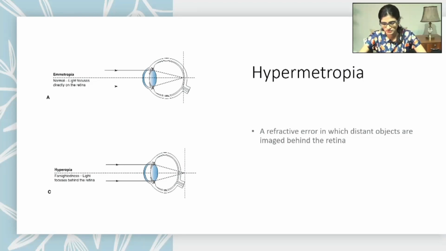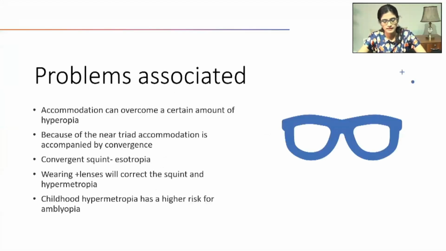Now there are certain conditions like nanophthalmia and microphthalmia which are extreme causes of hypermetropia, where the whole eye or the anterior segment of the eye is formed on a very small scale, let's say. So the eye is actually short because of that.